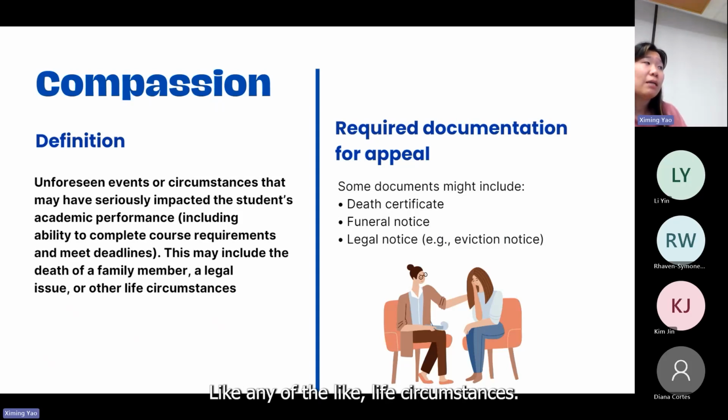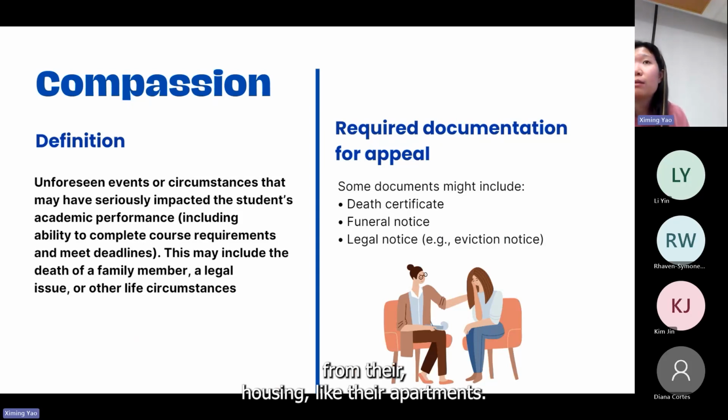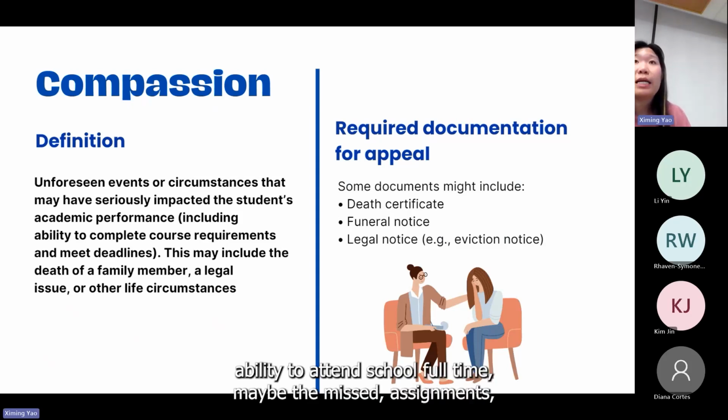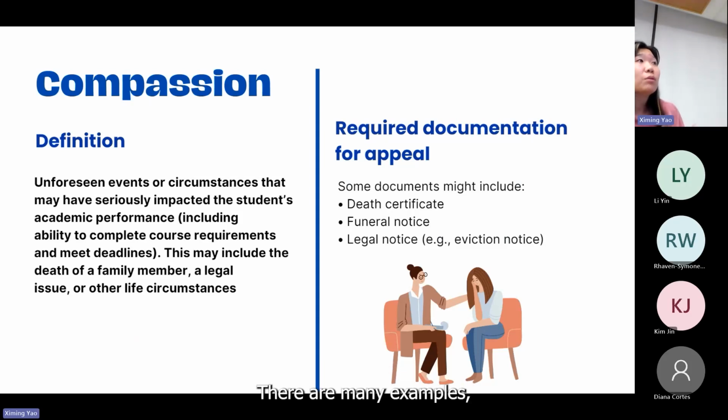For example, sometimes students are being evicted from their housing, their apartments. This can affect their ability to attend school full time. Maybe they missed an assignment, maybe they did really badly in an exam, situations like that. There are many examples.